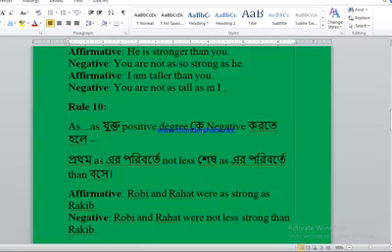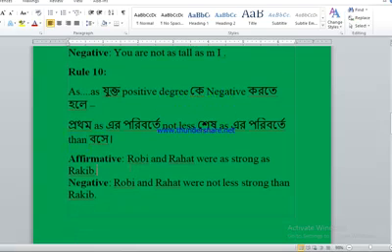First you will change as into not less, then as, then than. It will be clearer to see the example.